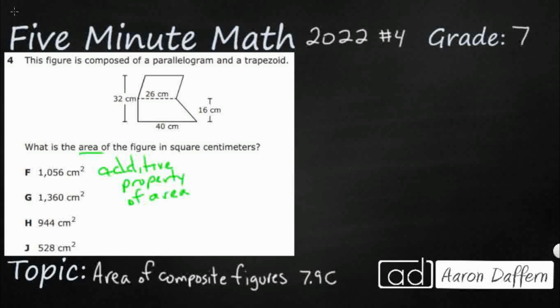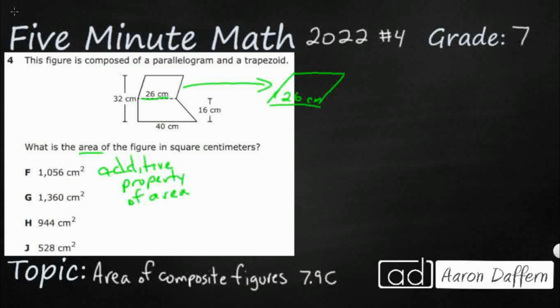So we've got a parallelogram on top. I'm just going to bring this out so we have a little bit more room to work with here. What do we know about this parallelogram? Well, we've got a base of 26 centimeters. We don't really know the height, but we can figure out the height real quick.